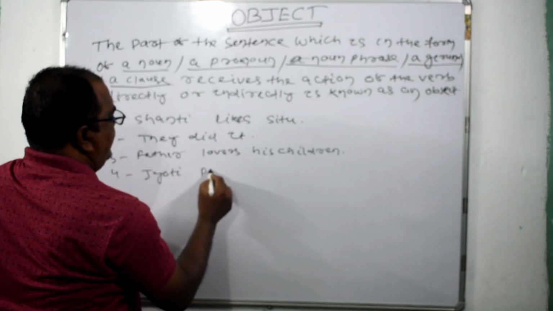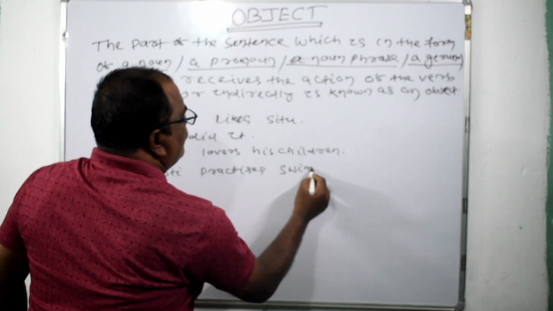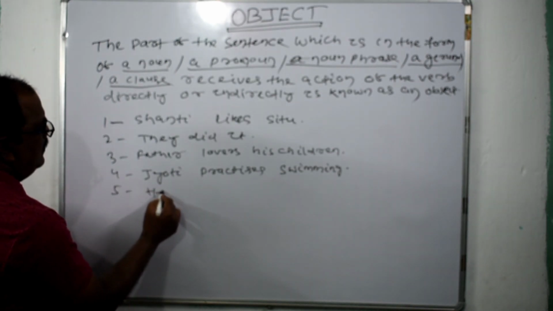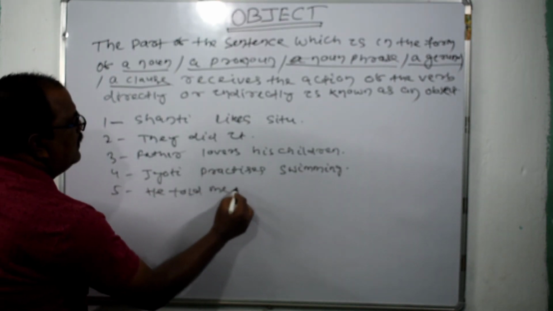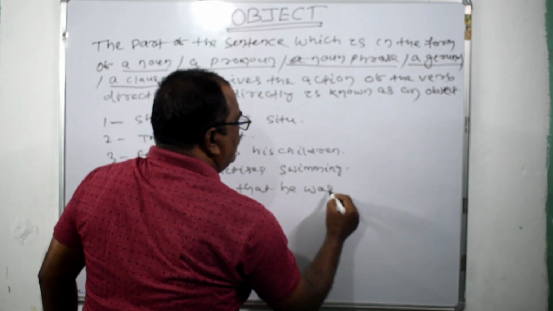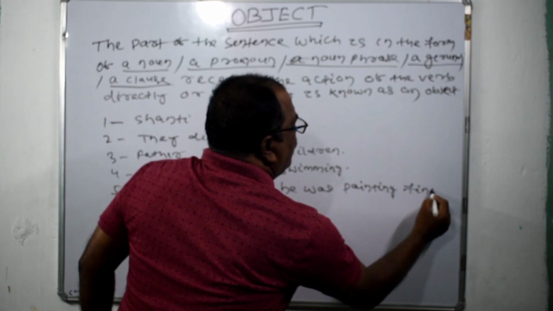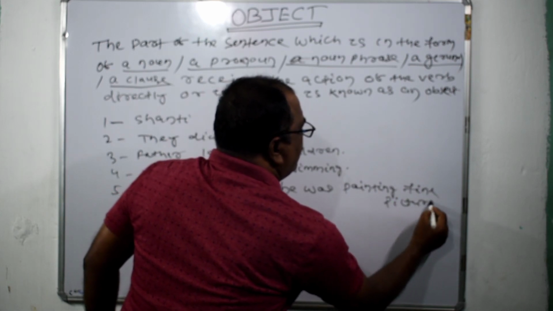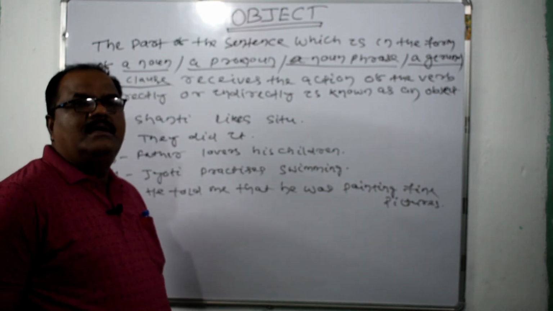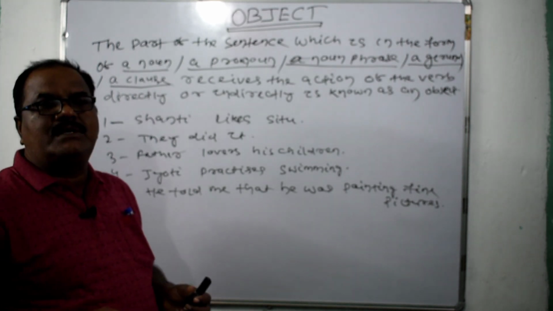Jyoti practices swimming. He told me that he was painting fine pictures. Look at these five sentences and try to understand which part of the sentence is known as the object.